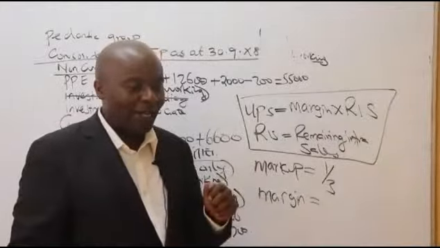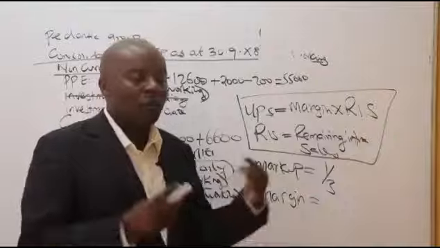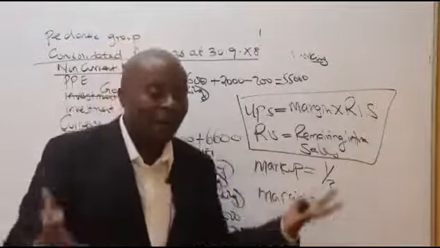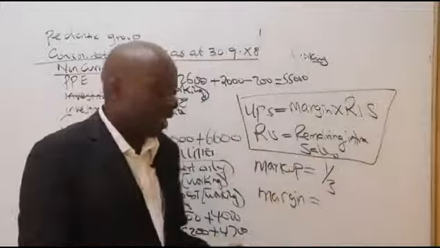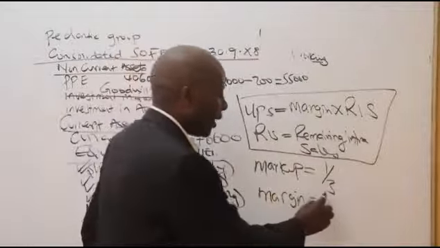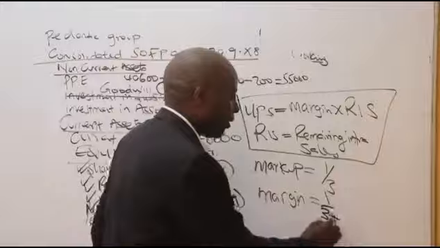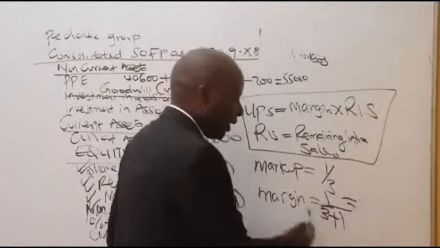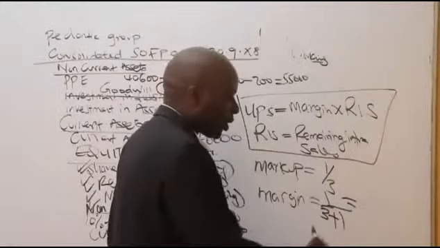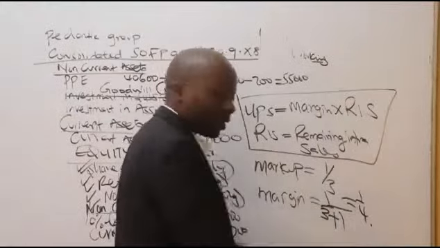A quarter. Why? Because margin must always have a big base. Margin must always have a bigger denominator. What they've done to get that a quarter, they've taken 1/3 plus 1. That's how they increased the base of the margin. That's how they got a quarter.